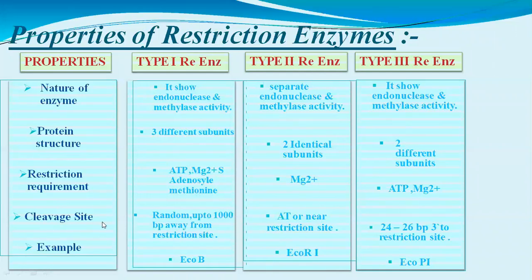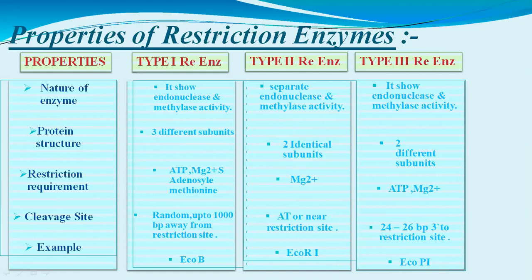Then type 1 cleaves at random sites up to 1000 base pairs away from the restriction site, type 2 cleaves at or near the restriction site, and type 3 cleaves 24 to 26 base pairs from the restriction site. Then examples: type 1 is Eco B, type 2 is Eco R1, and type 3 is Eco P1.